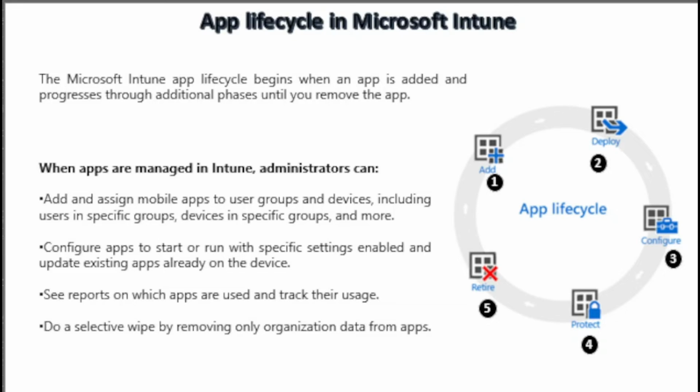The administrator can configure apps to start or run with a specific setting enabled and update an existing, already installed application on the device. The administrator can report which applications are installed and used and can track their usage. The administrator can remotely wipe organizational data only from the app.